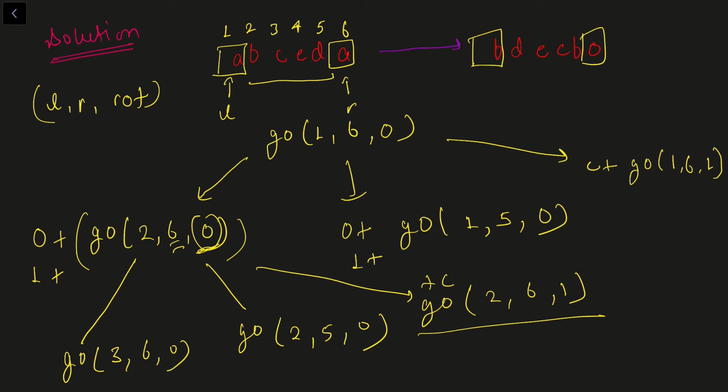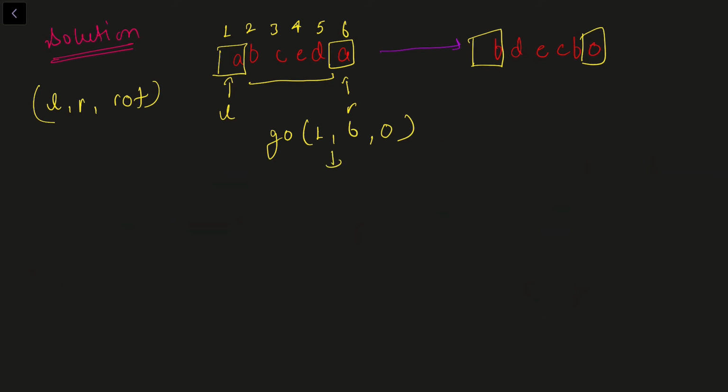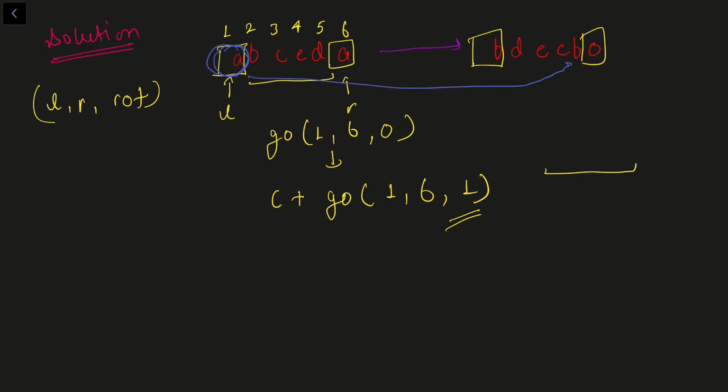But there is one special case, and that is what will happen after we have rotated the string. Okay, so let's cover that now. Let's say I'm using my rotate operation, then I'll add C to the answer, and I'll transition from 1 6 to 1 6 only, but this time I've rotated my string. Now from this state, as we know that our string is rotated now, that means the substring from 1 to 6 is rotated. So whatever we have at the first position, it should be in the last position in case of string B. Similarly, whatever we have in the last position will be in the first position of string B, right?